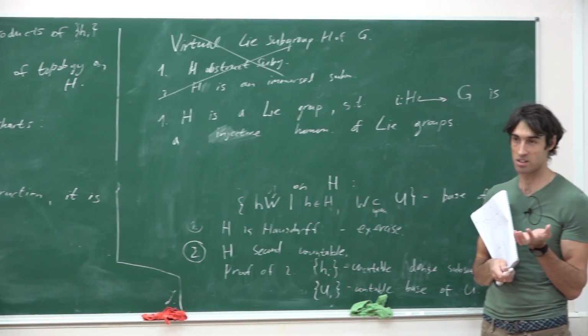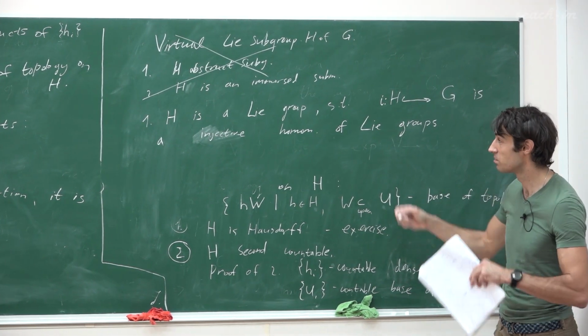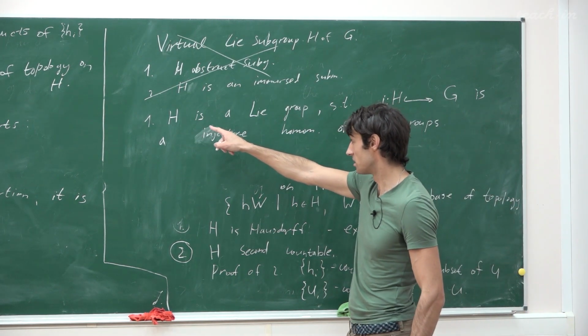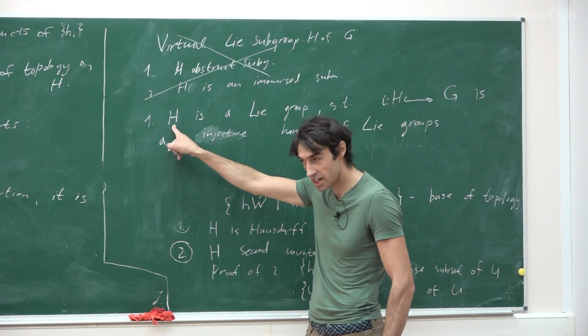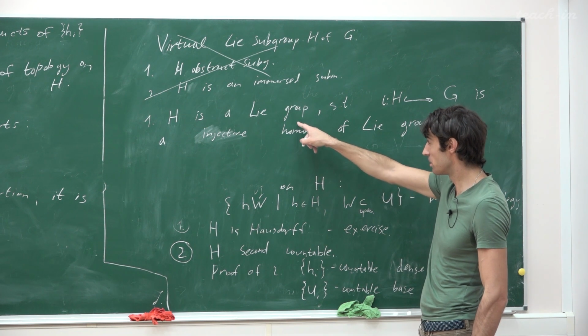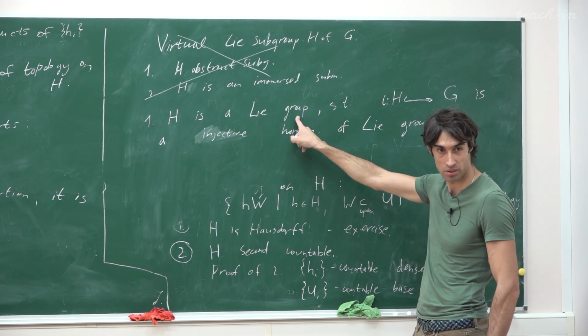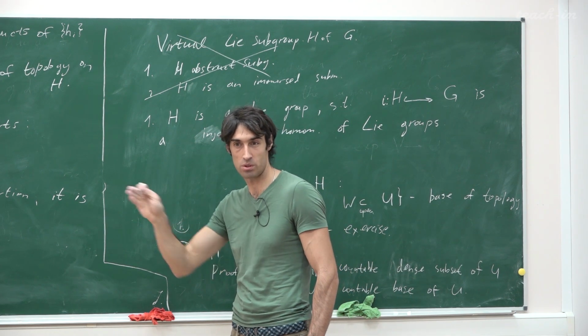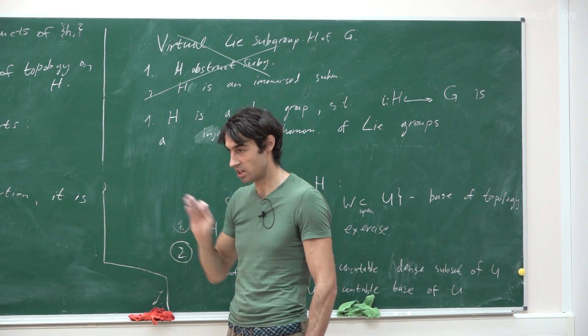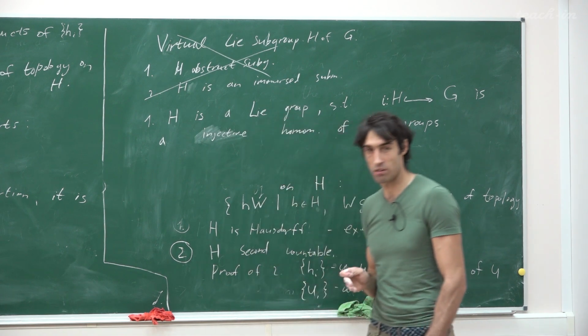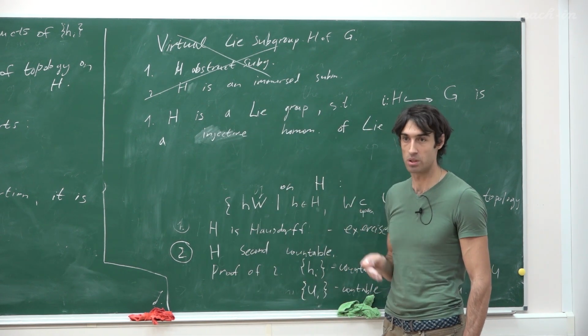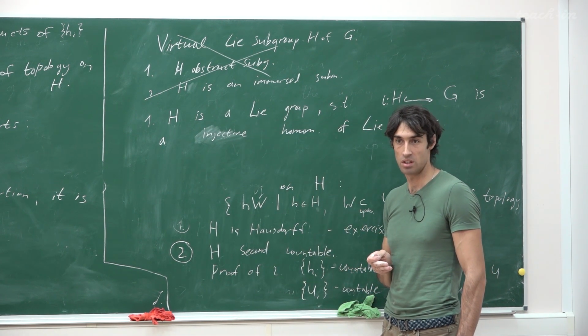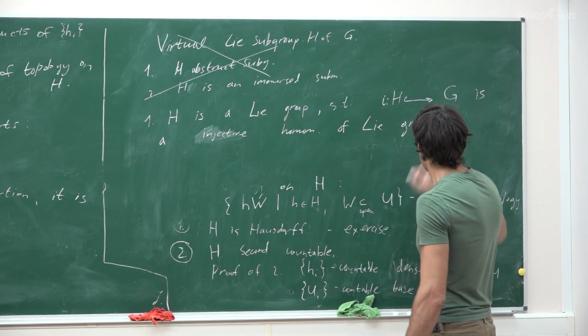Then this is much better because we have from the beginning a Lie group structure on H, and then you include it into G, and the corresponding map should be an injective immersion, and also should be a homomorphism of Lie groups. Okay.